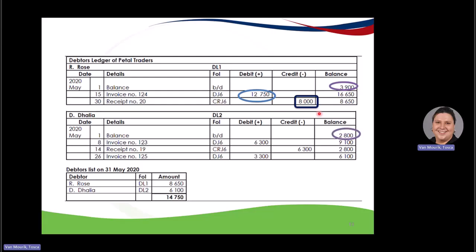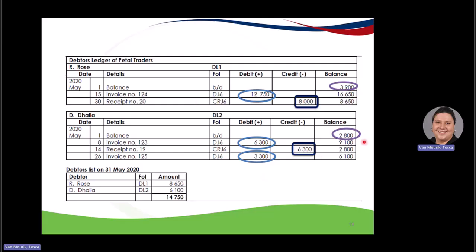Then it is the same with Dahlia. We have an opening balance. She has also purchased some additional stuff from us, so we debit from the DJ6, we debit the individual debtors ledgers. And she has also paid on the 14th.